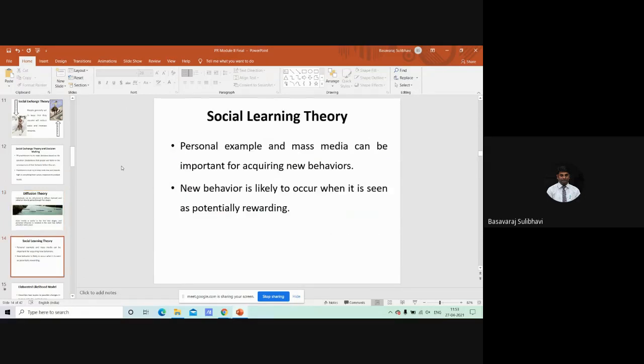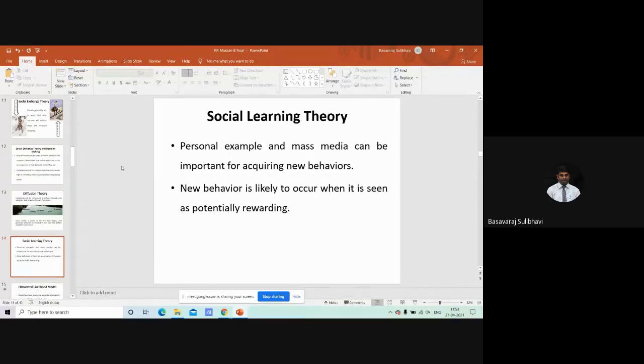Fine. Next we have social learning theory. This theory purely depends on personal example and mass media. It can be important for acquiring new types of behavior. If any issue is raised anywhere in the world, within a few minutes you get it on one or the other social media sites where you have registered.